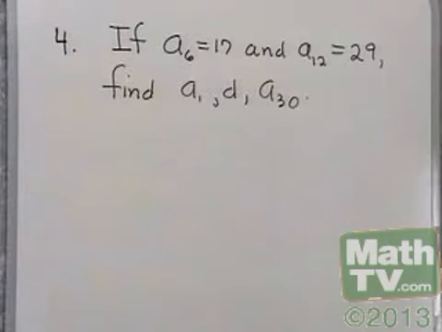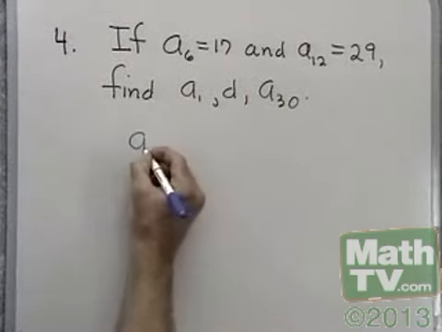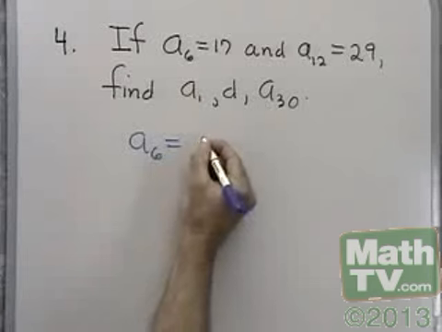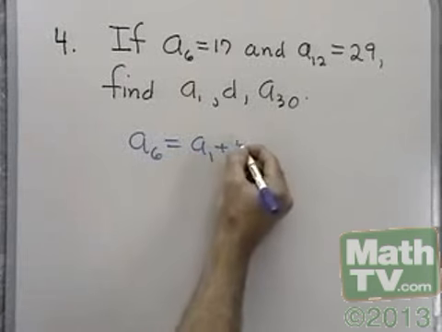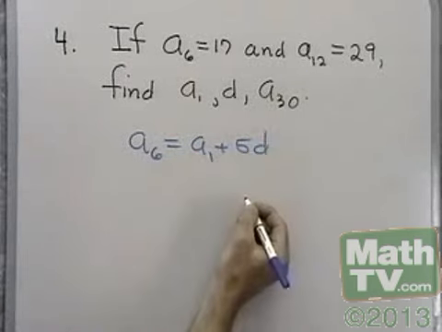Okay, let's go to another problem in which we're given a couple of terms in a sequence and asked for some other information. Here it is. Problem number 4. a sub 6 is equal to 17, and a sub 12 is equal to 29. Can we find a sub 1, d, and a sub 30? Well, let's see. a sub 6 is the first term, a1, plus 5 times d.